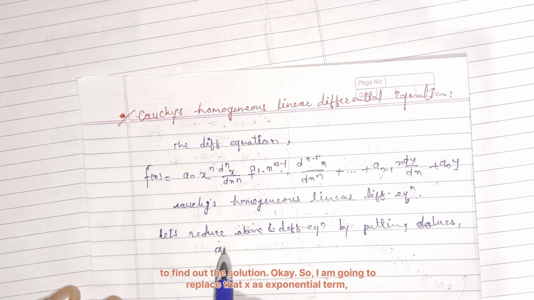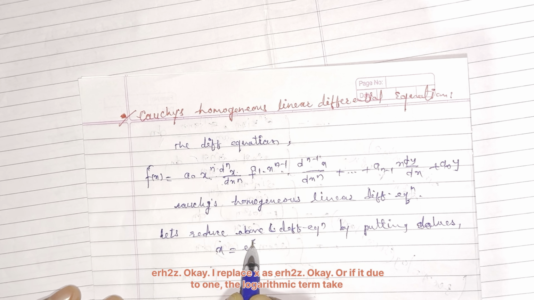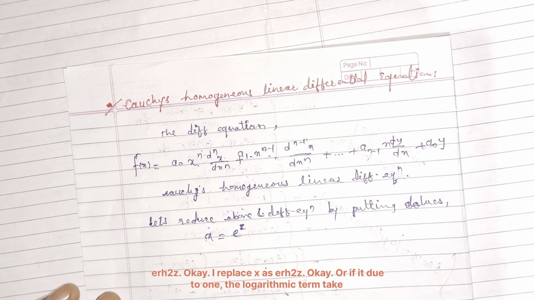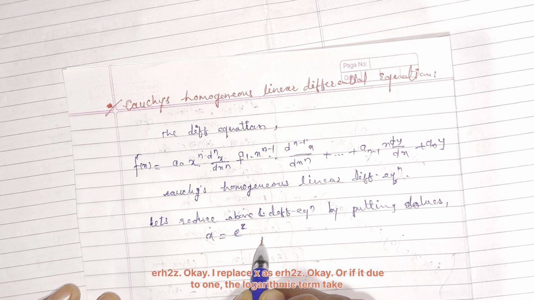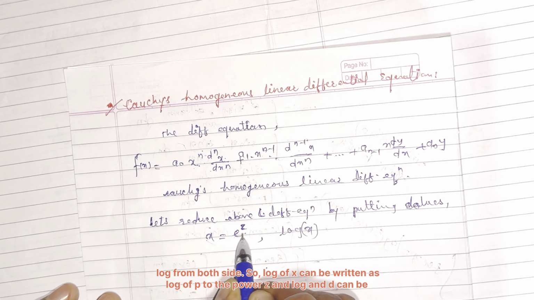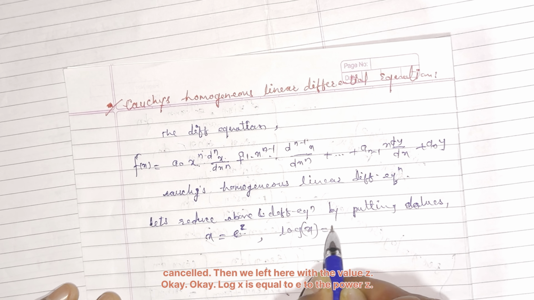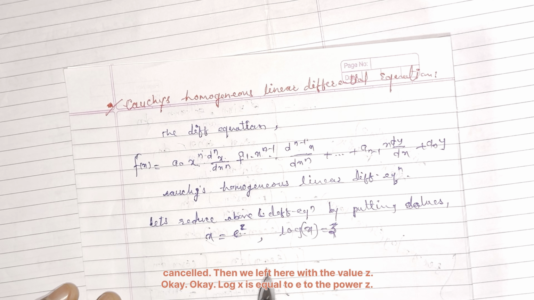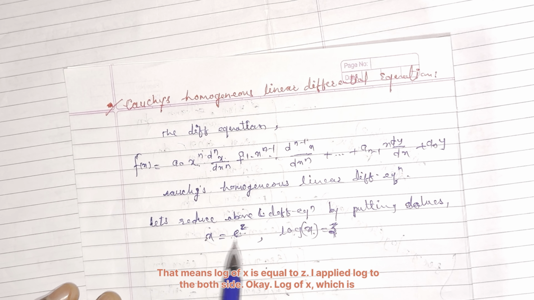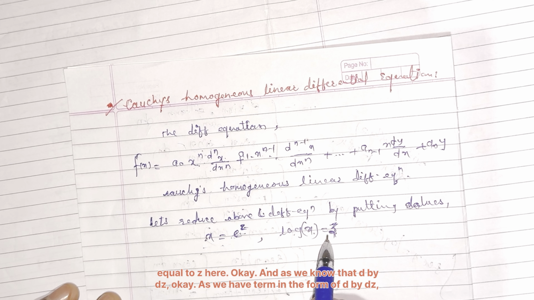So I replace x as e raised to z. Or, if you want the logarithmic term, take log on both sides: log of x equals log of e to the power z, and log and e cancel, leaving z. So log of x is equal to z.